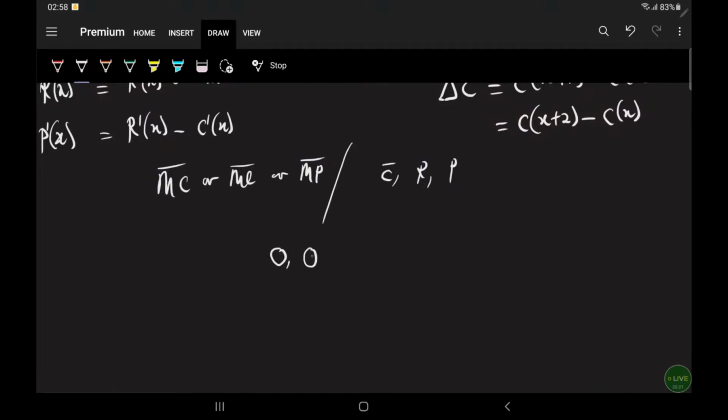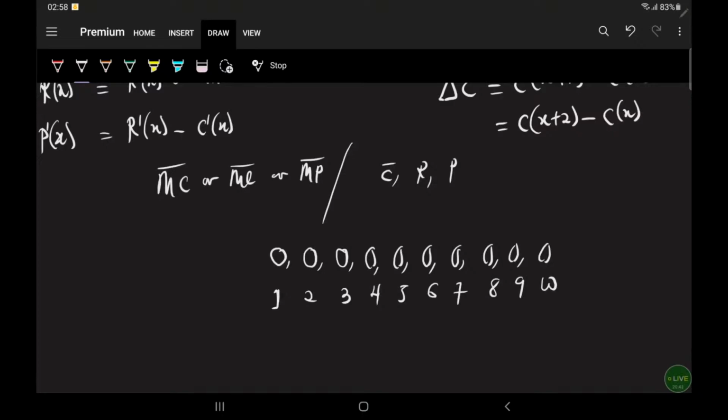So I have one toffee here, 2 here, 3, 4, 5, 6, 7, 8, 9, and 10. Let me assign numbers to these: 1, 2, 3, 4, 5, 6, 7, 8, 9, and 10.